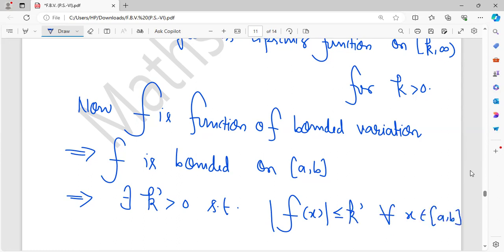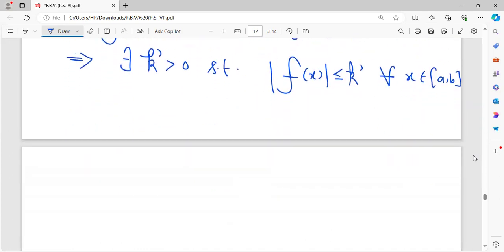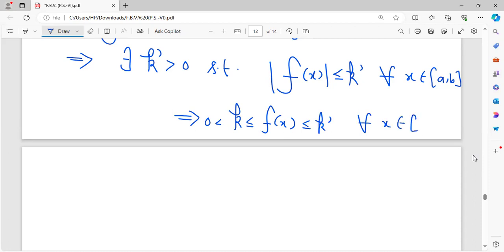But it is given that the value of f(x) is greater than or equal to k, with k greater than 0, so f is positive.